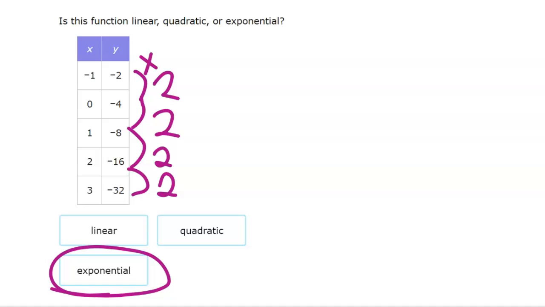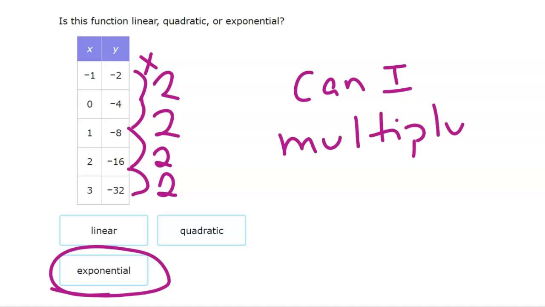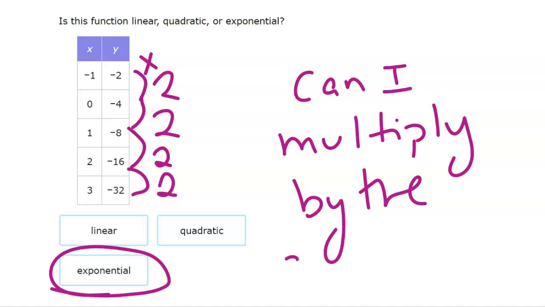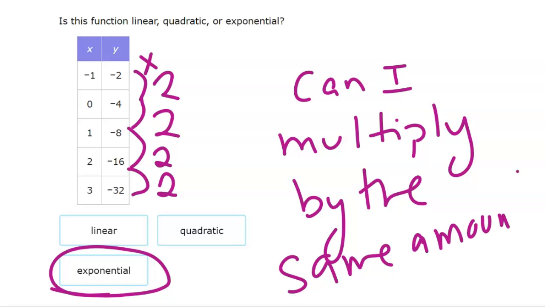So I just look and see, can I multiply by the same amount? If I can, it should be exponential.